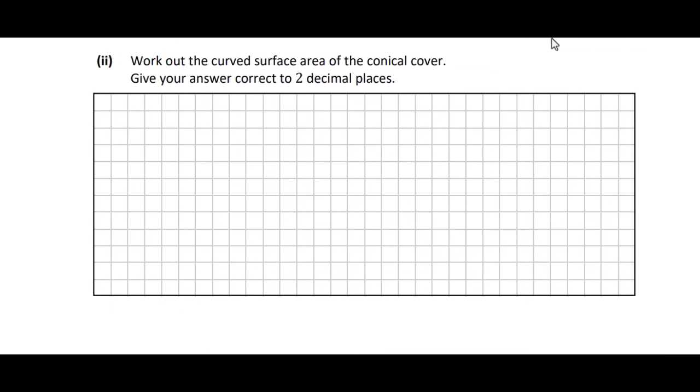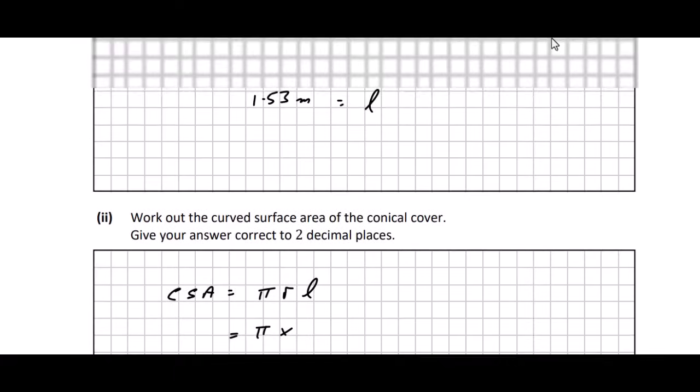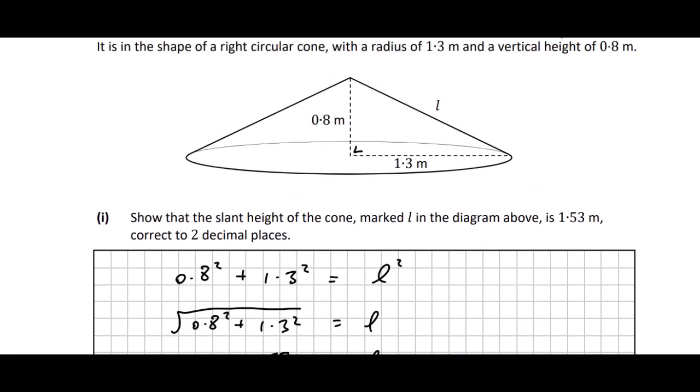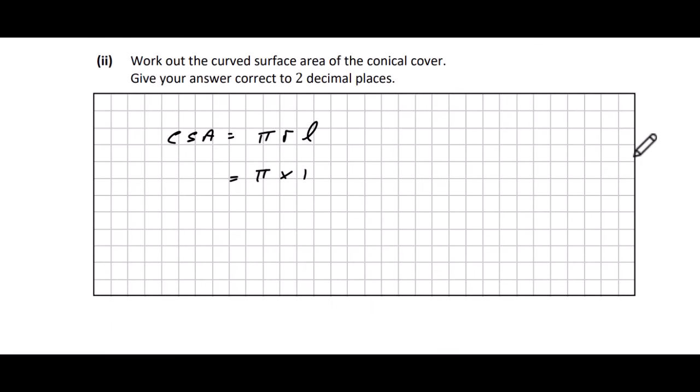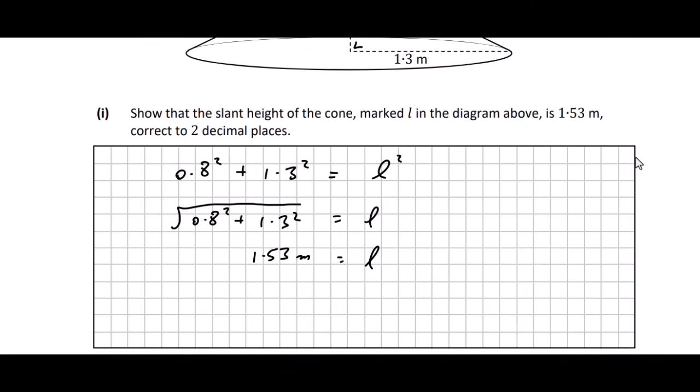Okay, work out the curved surface area of the conical cover. Give your answer to 2 decimal places. Now there is a formula for this in your table, so the curved surface area is going to be pi times r times L. So that's pi times the radius of our cover, 1.3 meters, multiplied by the L that we were given in the question anyway, 1.53.